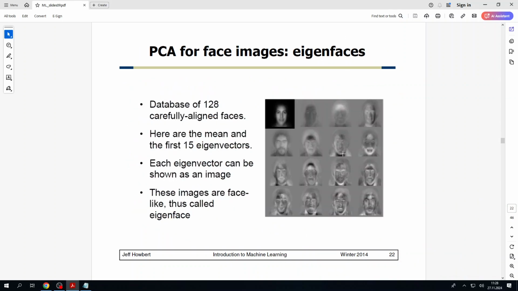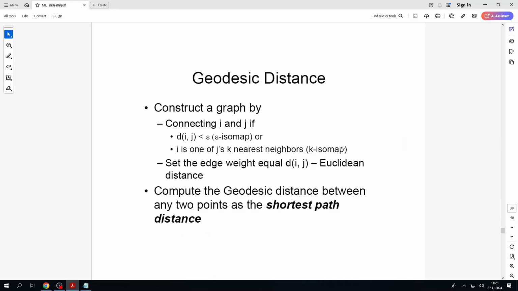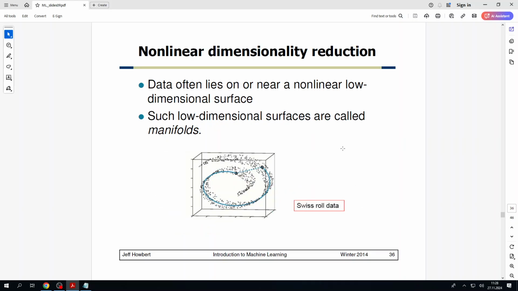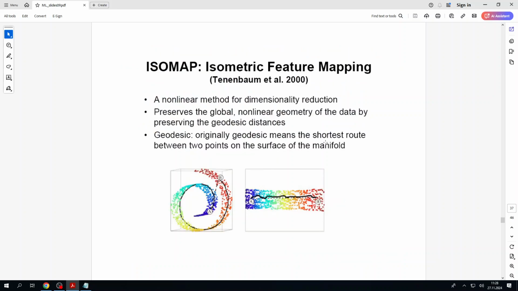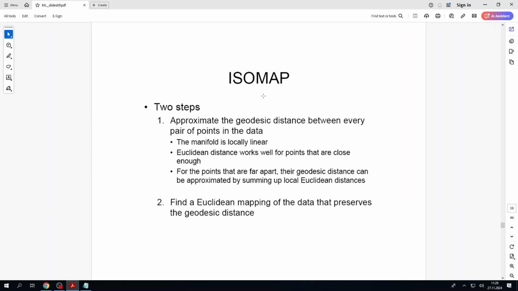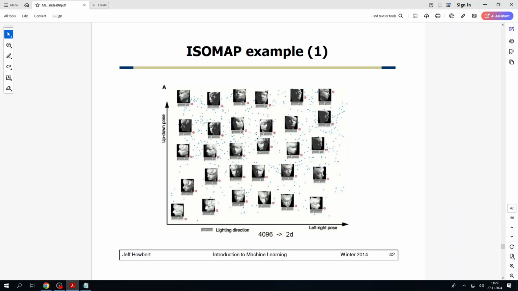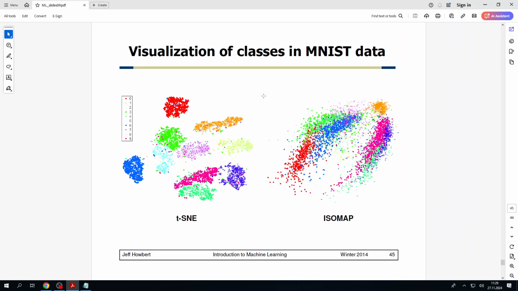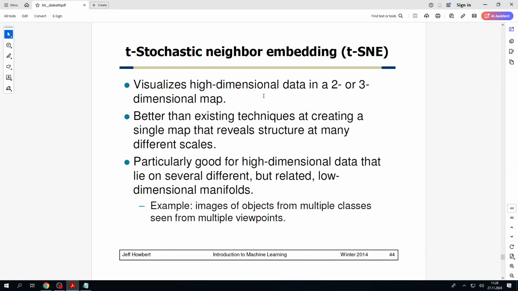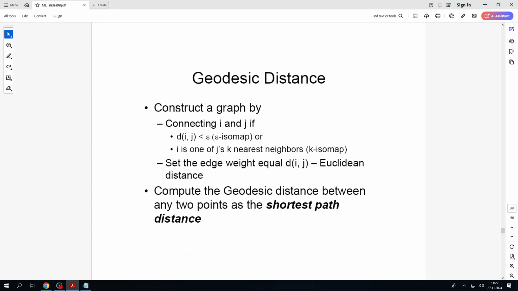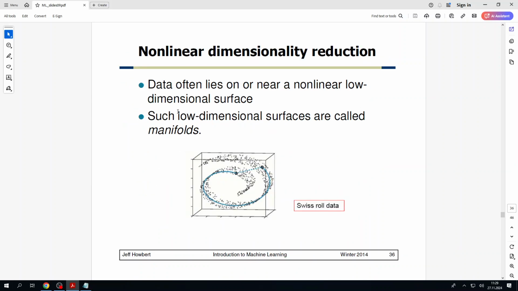And for nonlinear combination, there are two algorithms that I'm going to cover today. One of them is isomap, isometric feature mapping, and another one is t-stochastic neighbor embedding, or t-SNE. So what is this isomap and what is the idea?